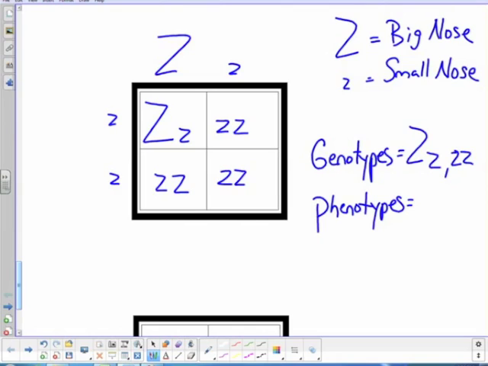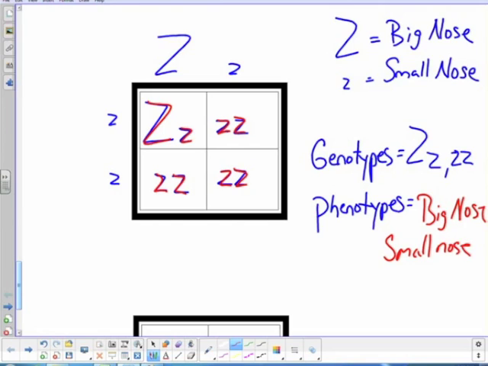Well, phenotypes I've got right here, dominant big nose with recessive small nose, which means it's going to be big nose. But I also have recessive small nose, small nose, small nose. So I have both.